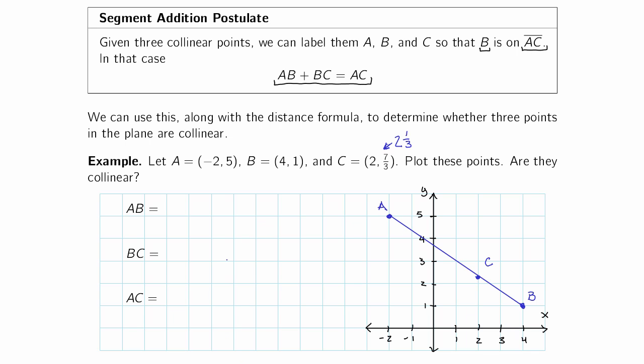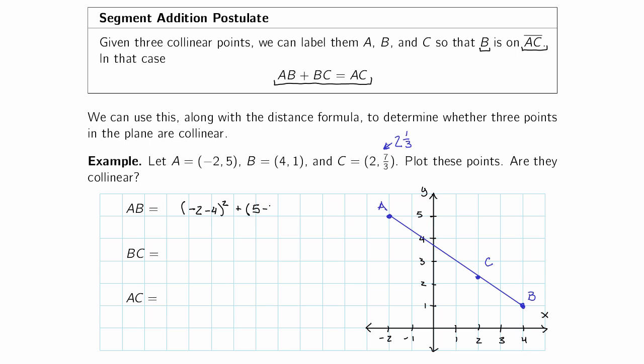So let's see. Let's find the distances between these pairs of points using the distance formula. The distance formula, remember, we take the difference in the x's. So for AB, that'll be -2 minus 4, and square it. We take the difference in the y's.